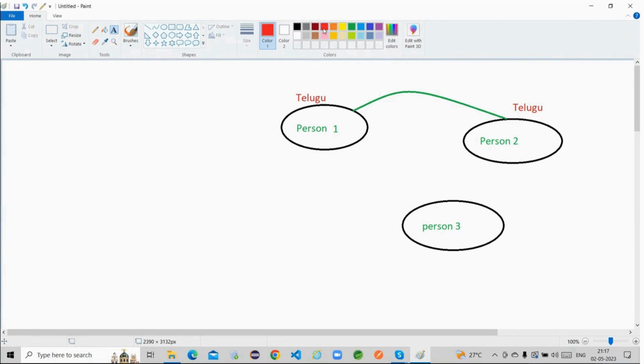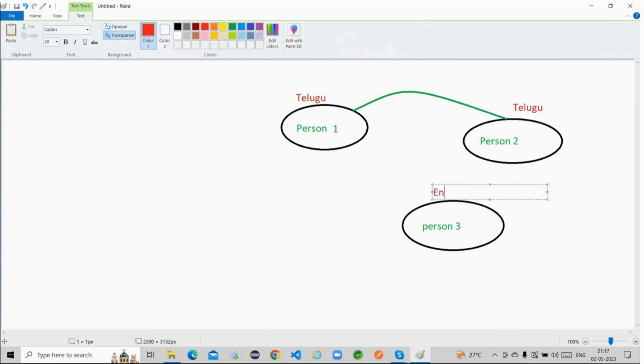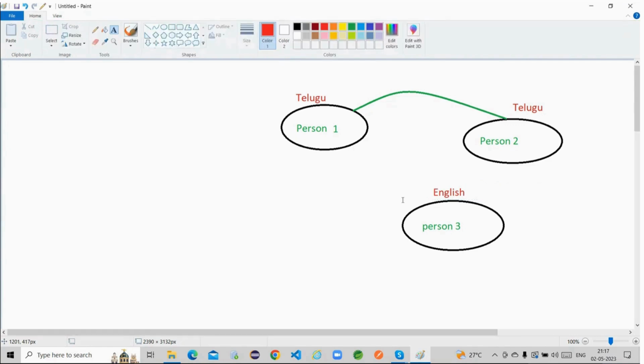Whatever is said in Telugu, this third person is not able to understand it because he doesn't know that language. Which language can he understand? He can understand only one language, called English. English is the only language this third person can understand.